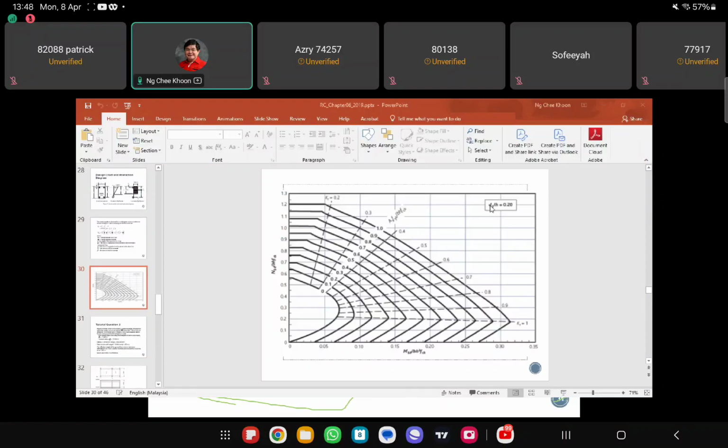Okay. So this D2 over H is actually from the depth of the bars, right?